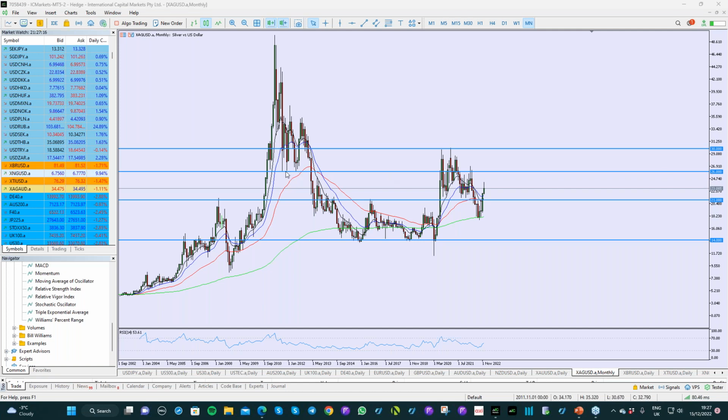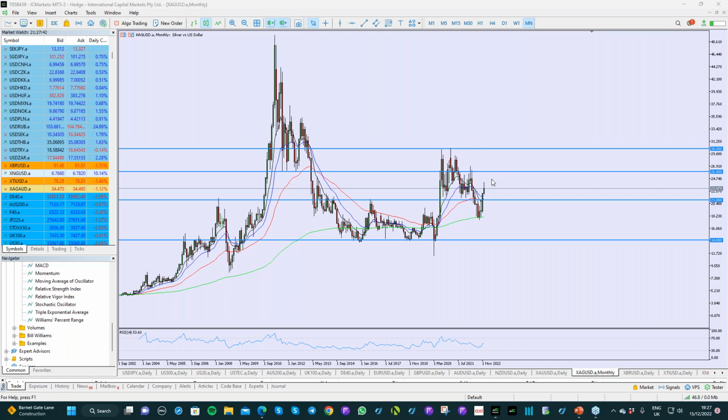That is based on this support from over here. It's a similar kind of chart shape to the gold chart, and this support level is a similar one to the one on gold, from 2011, 2012. And then above price again, it would be these previous highs from 2020.